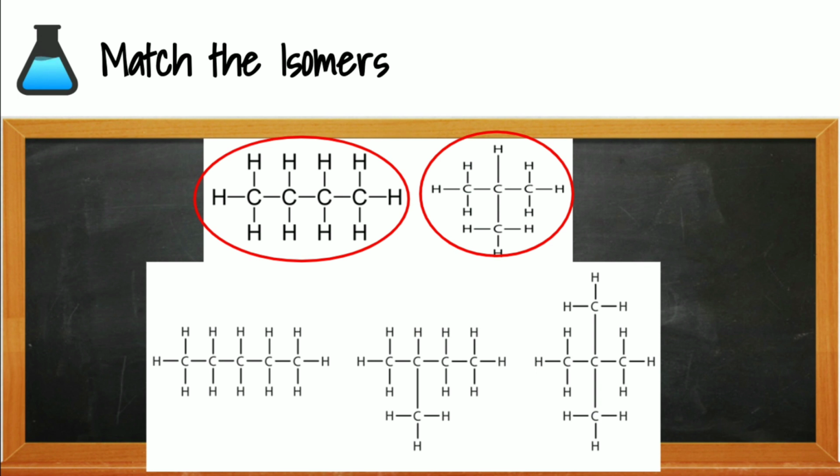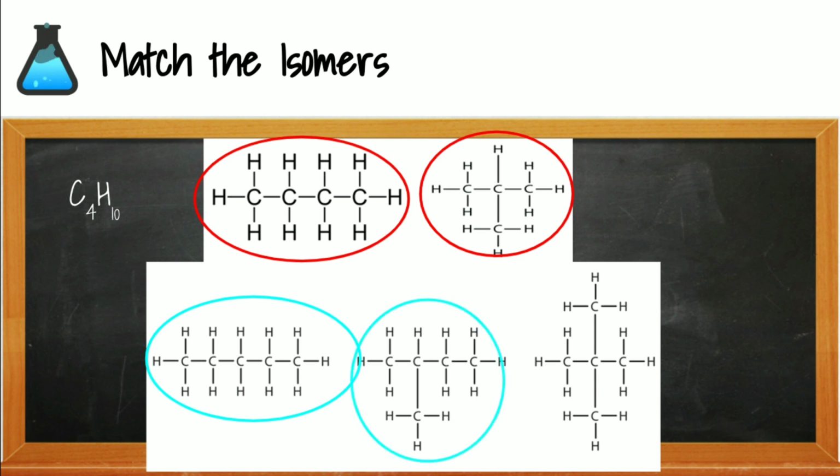Now, when we look at this bottom structure on the left, we can see that we have 5 carbons. So this 5-carbon structure cannot be an isomer of butane. But we can see that all of these structures have the general formula C5H12. So these are all isomers of pentane.